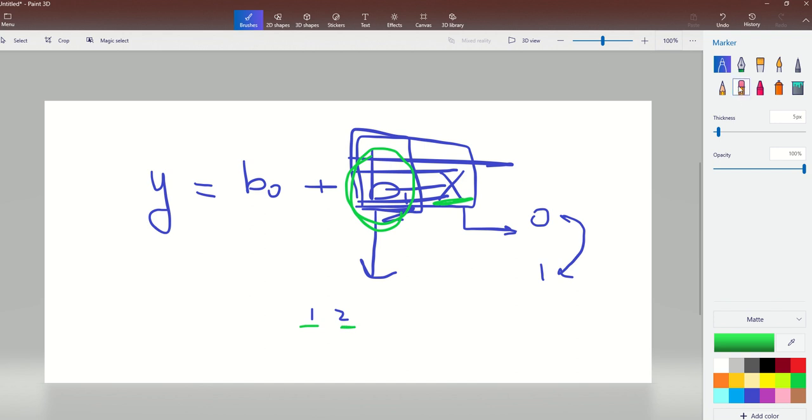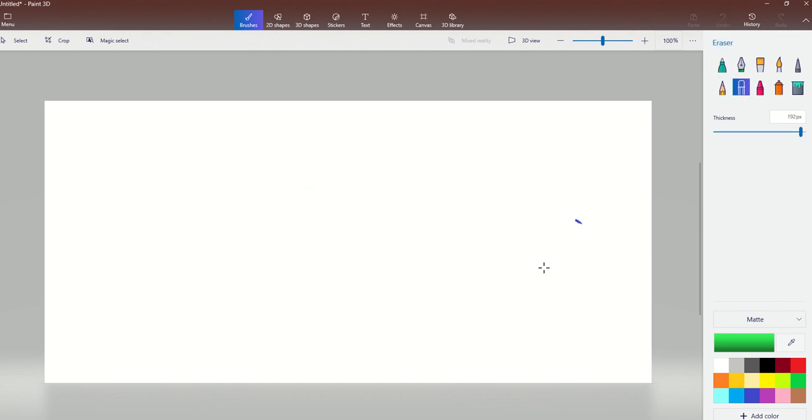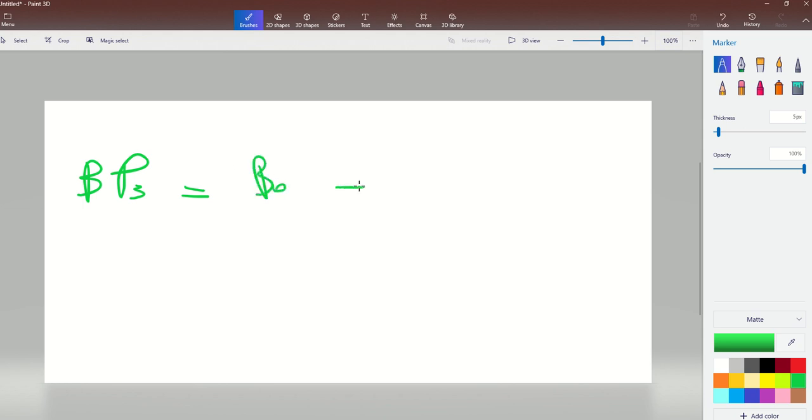So in our example, if we're going to run a model that has blood pressure 3 equal to the intercept beta 0 plus beta 1, so I should have written it like B0 plus B1 times gender.